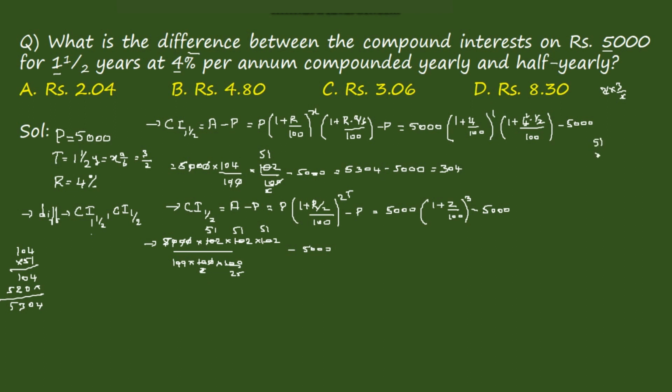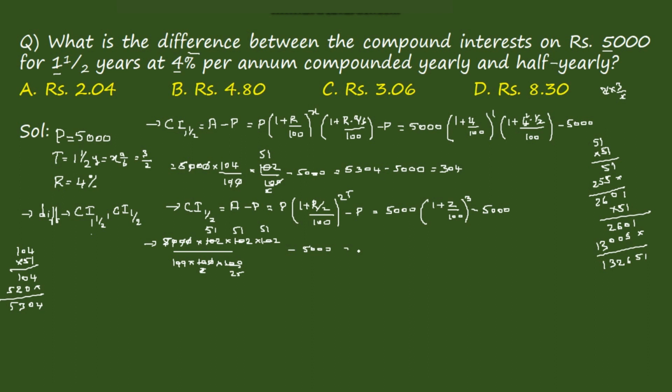51 into 51 becomes 2601. Multiplied by 51, which is equal to nothing but 132651.